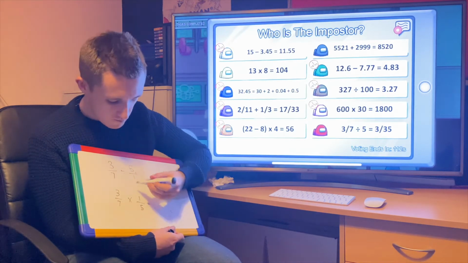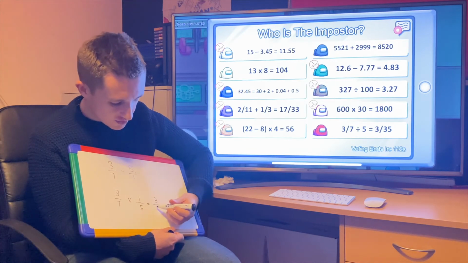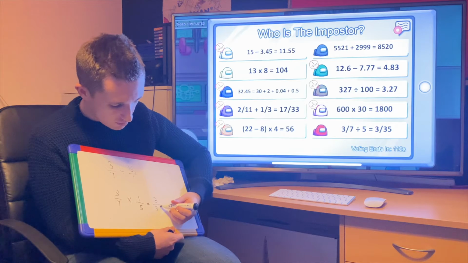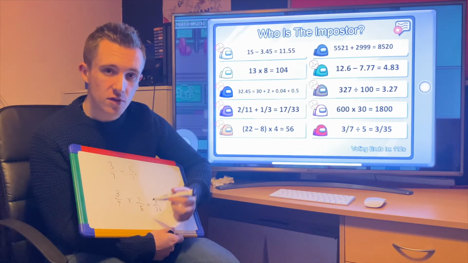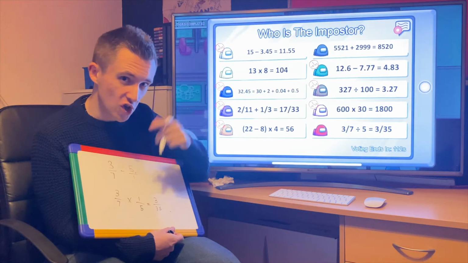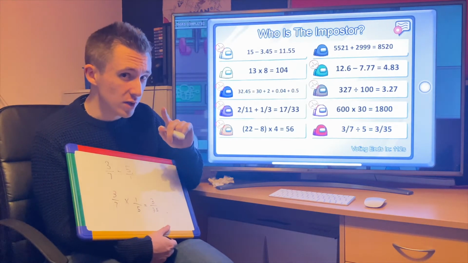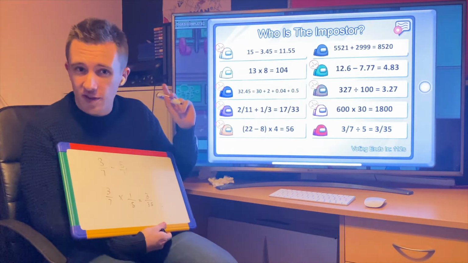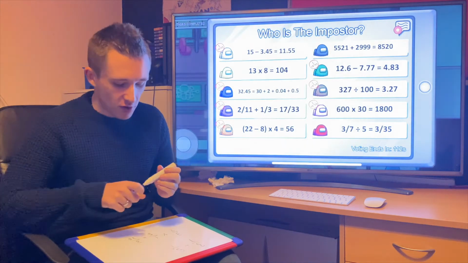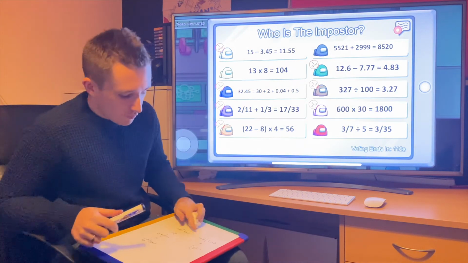Now we do what it says. 3 times 1 is 3. 7 times 5 is 35. When we're timesing, we do times the denominators, which I know is confusing because when we're adding and subtracting, we don't. But when we're timesing, we do. So the answer is 3/35, which is exactly what it says there. So that is not an imposter either. Okay. Lovely. On to the main lesson.